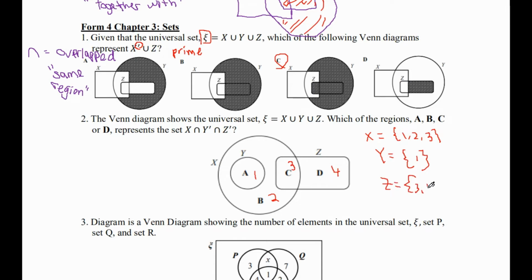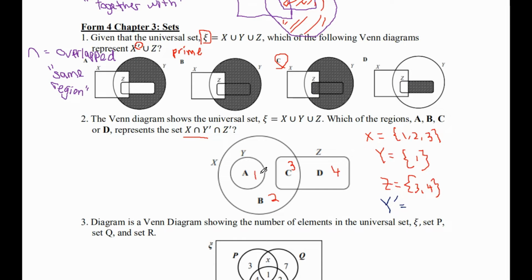After we list down all the regions for x, y, z, then we continue with the question here. So x intersect with y prime. We start from this one. X we already have, x equals 1, 2, 3. Then y prime. Y prime means outside of y.